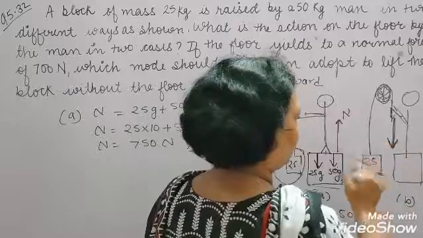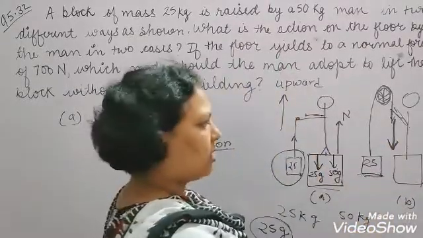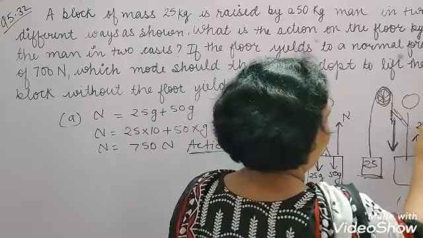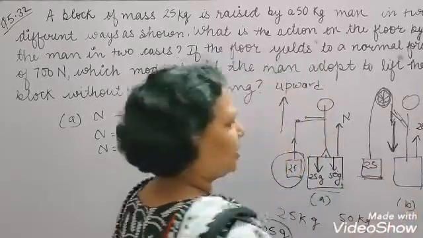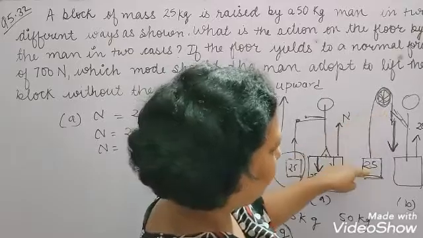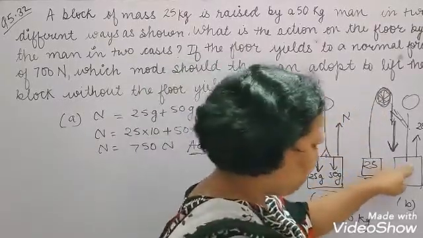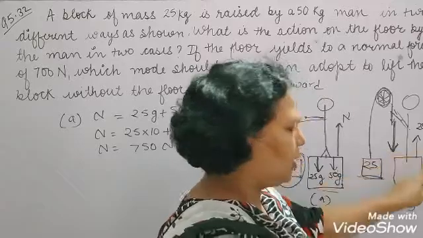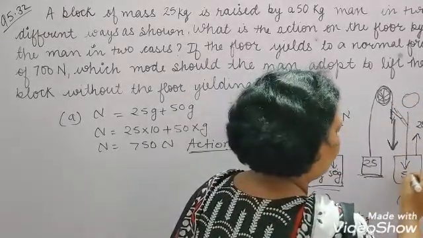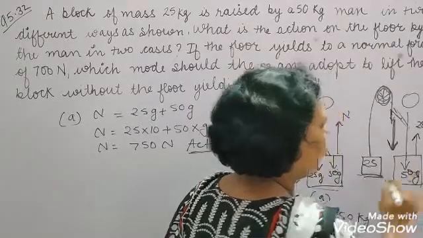So the force is working in the downward direction, so a reaction of 25g will work in the upward direction. The man is applying 25g force downward, so the floor will apply 25g upward, and already the weight of the man is working 50g in the downward direction.